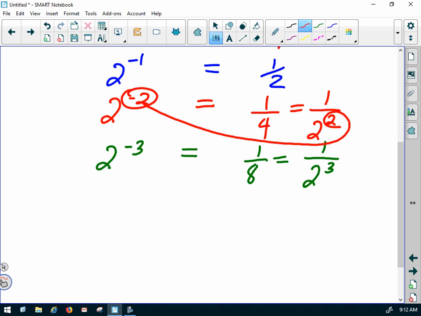Where does it go? And how does it change? It goes to the denominator and becomes positive.